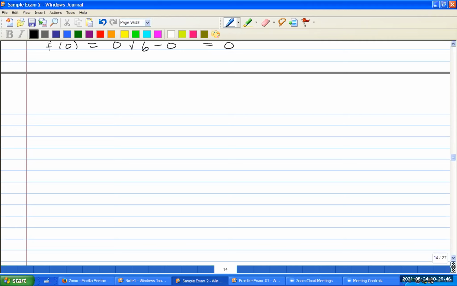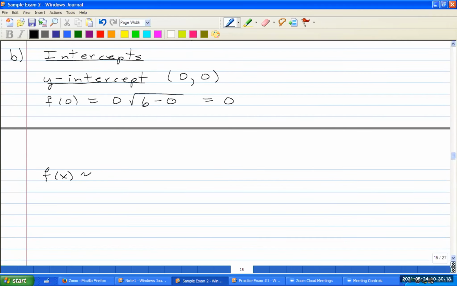And well, as x goes to 0, the asymptotic behavior is very close to, well, f of x here is, as x approaches 0, radical 6 minus x goes to radical 6.